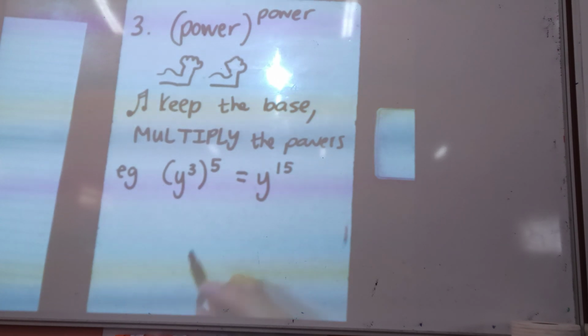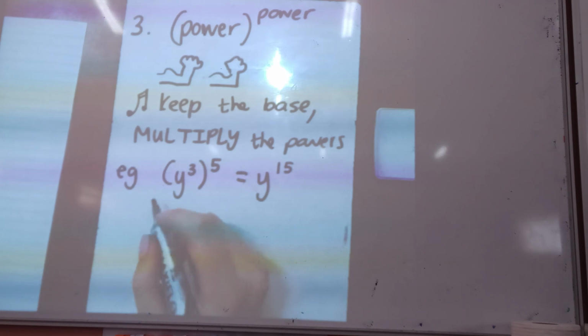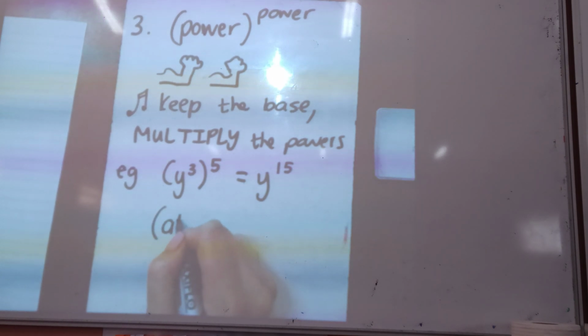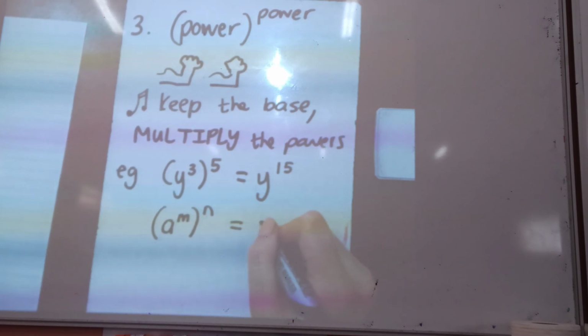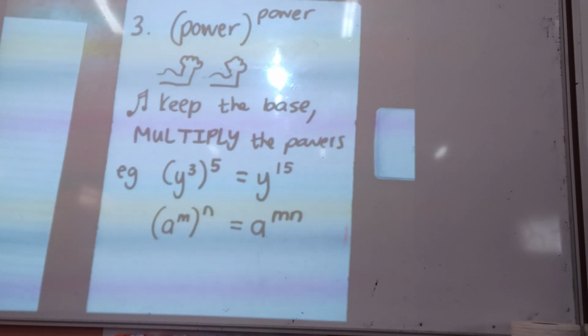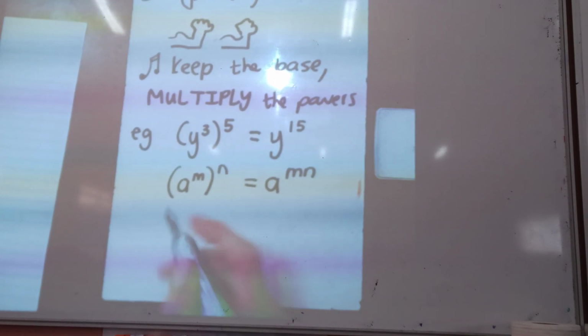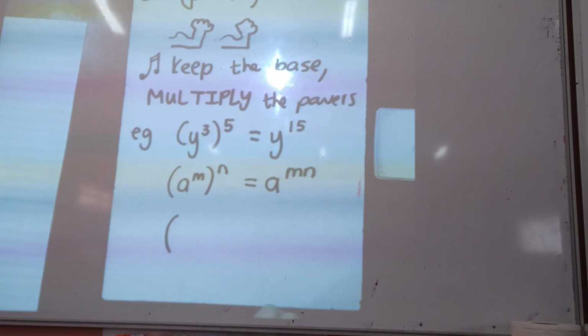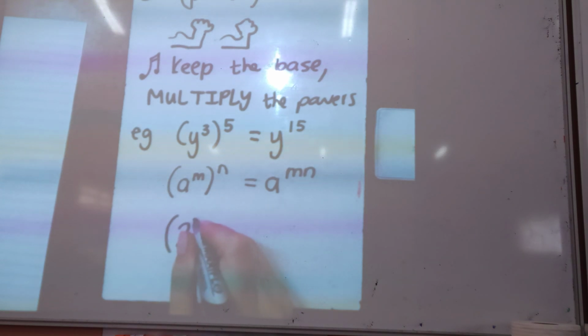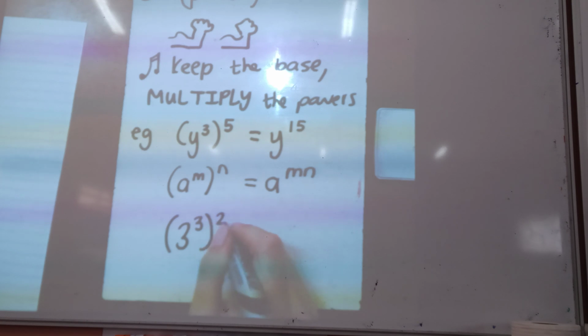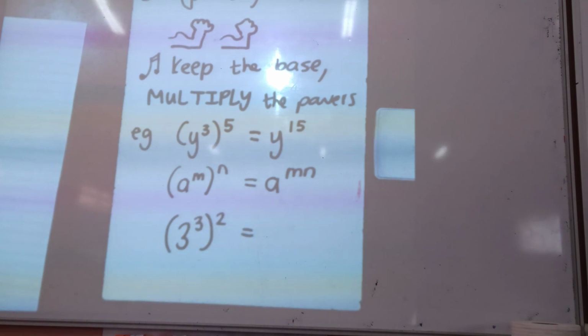Okay, and let's use our other one. What happens if I had a to the power of m raised to the power of n? Thank you. A-M-N. Very good. I'm going to stop using some numbers because kids get terribly confused when we all of a sudden use numbers. But if I had 3 to the power of 3 raised to the power of 2, what would my answer be? 3 to the power.